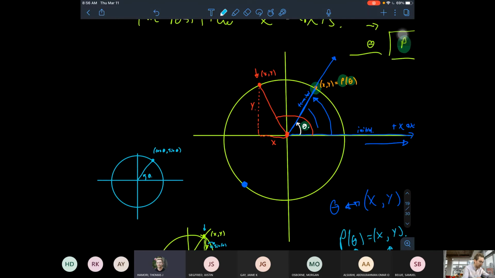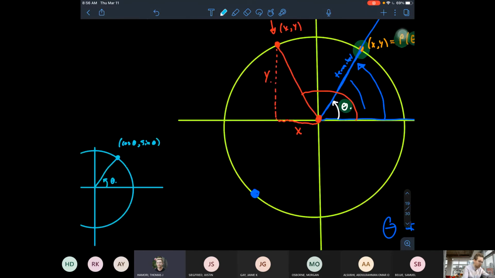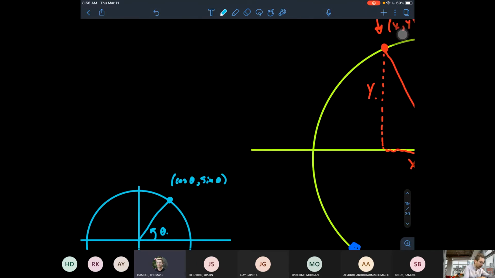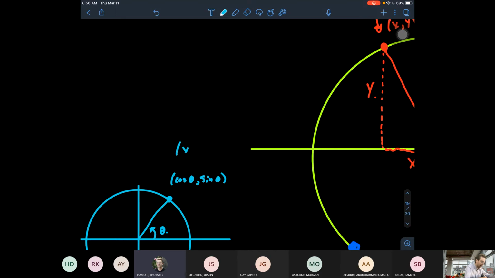So this is telling you exactly what the relationship is between theta and x comma y. We have x comma y is equal to cosine theta, sine theta.